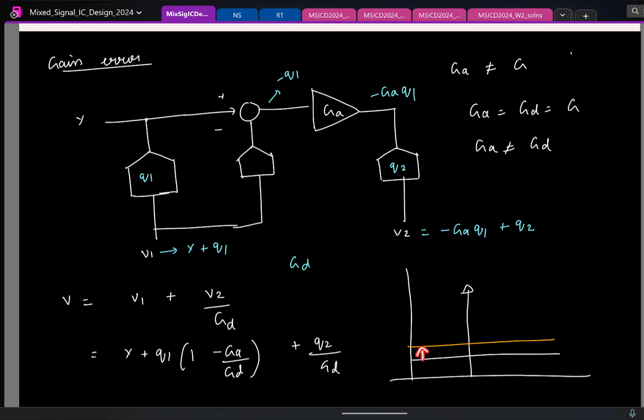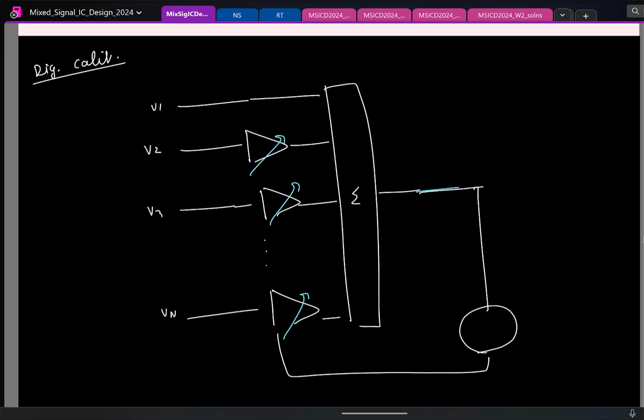That will result in an increased noise floor. How did we decide to correct for this? You basically have to make these two equal. We can change this or this. Which one do you prefer? The digital gain, because you're just changing a multiplication factor, right? So you do digital calibration to correct for it.